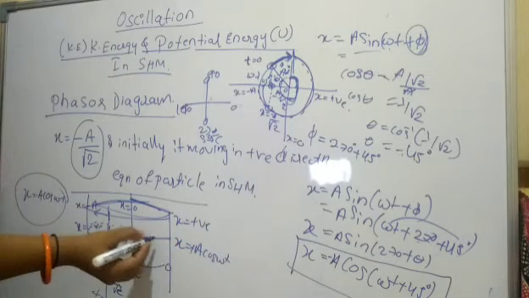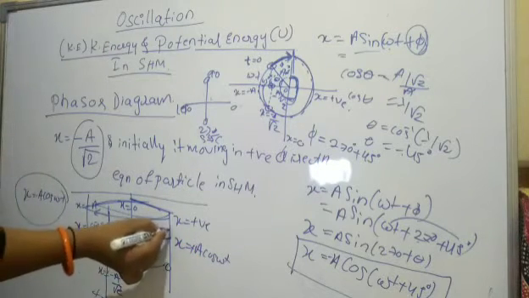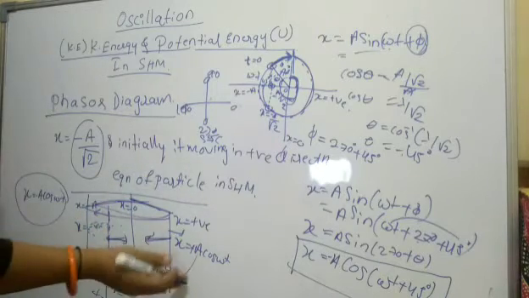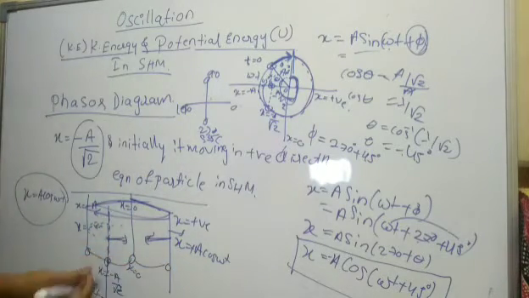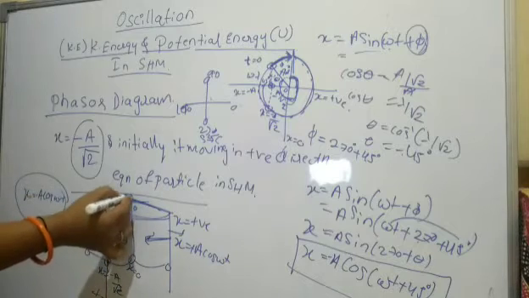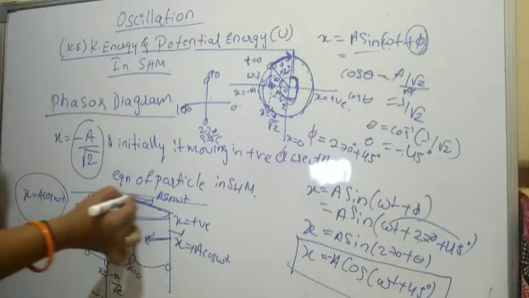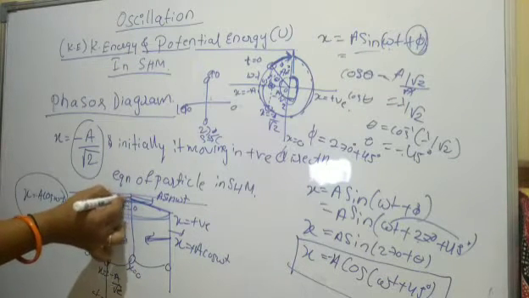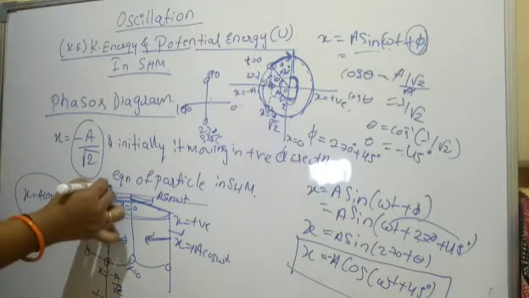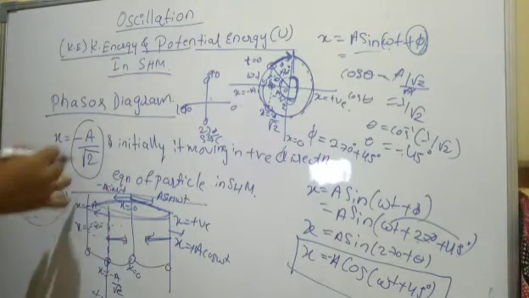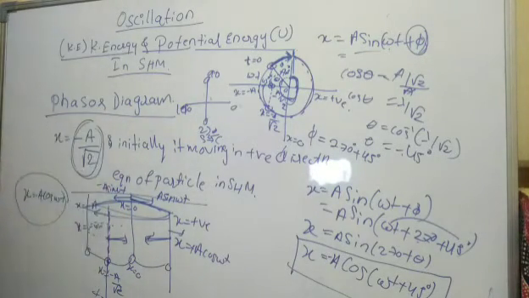If the particle is moving from the mean position, we have the general equation A sin omega t. Moving from the mean position to the negative extreme, minus A sin omega t. This we know. It is already given, the particle's position is minus A by root 2.